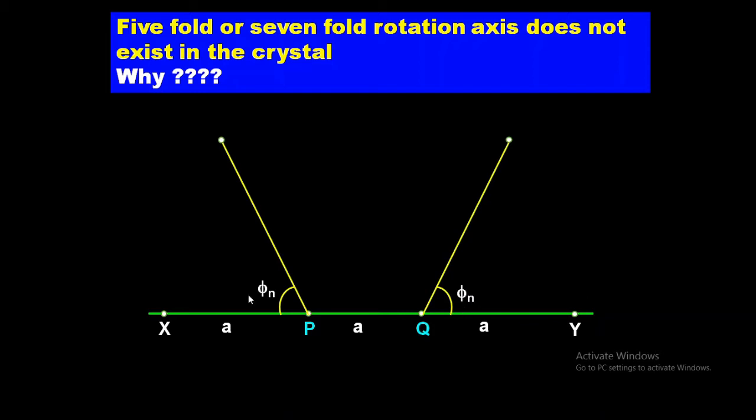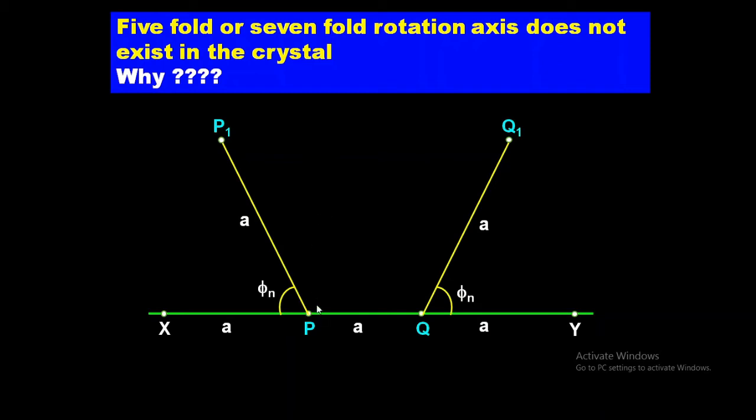Then we will get another lattice point here. This will be the new position of lattice point p. Let this new lattice point be p1, and the new lattice point for q be q1. We rotated px clockwise through an angle phi n and qy anti-clockwise through an angle phi n, and we get new lattice points p1 and q1.